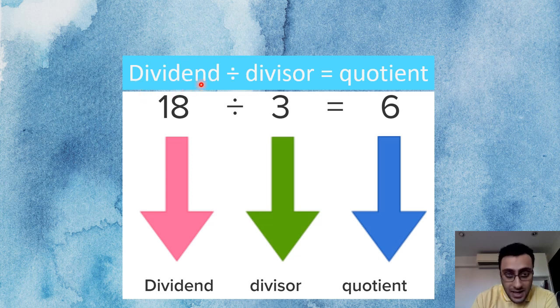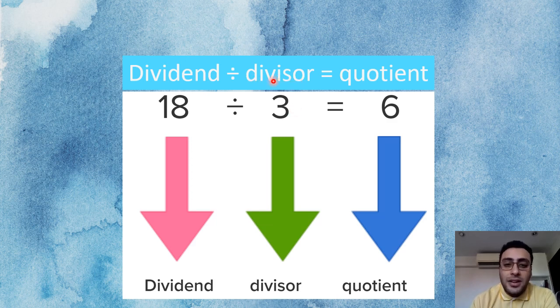D-I-V-I-D-E-N-D, dividend. Dividend is usually the biggest number in the equation, okay? So 18 is our dividend. In the last example, remember 12 chocolates? 12 was our dividend.